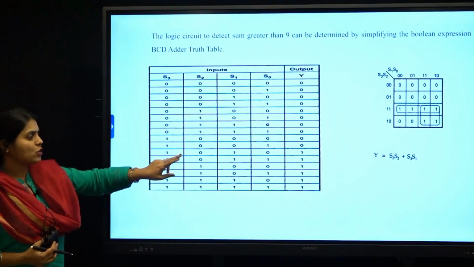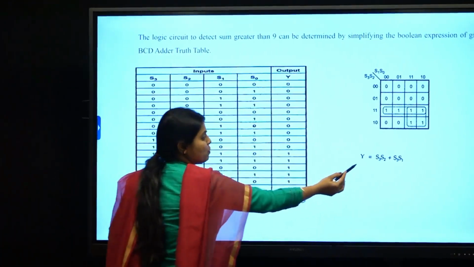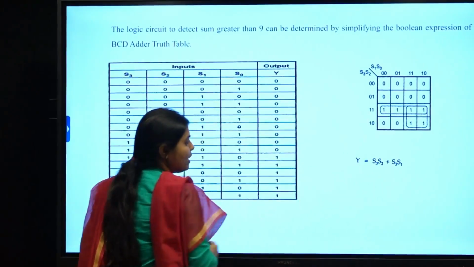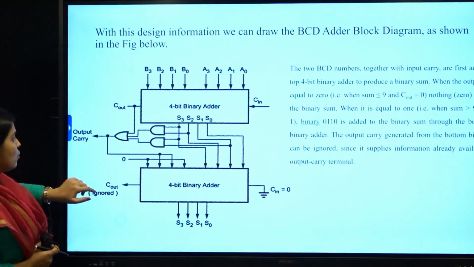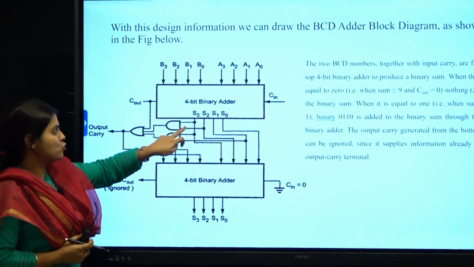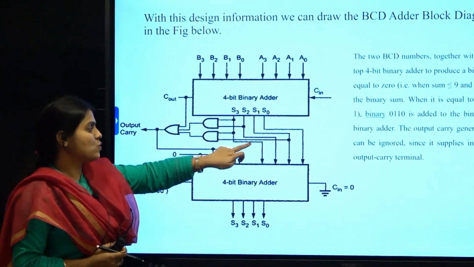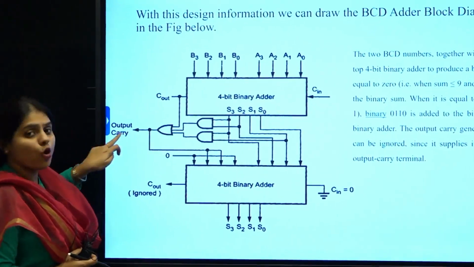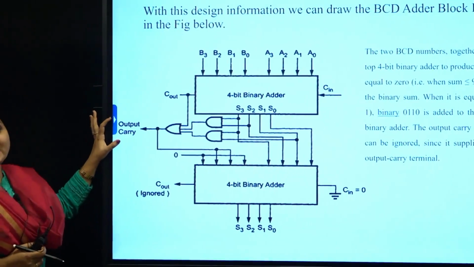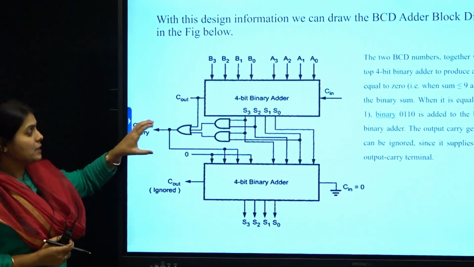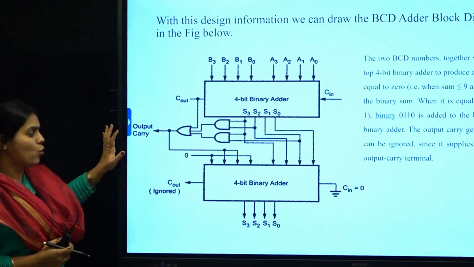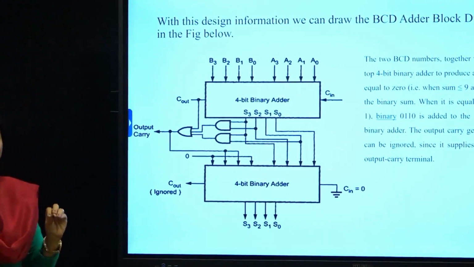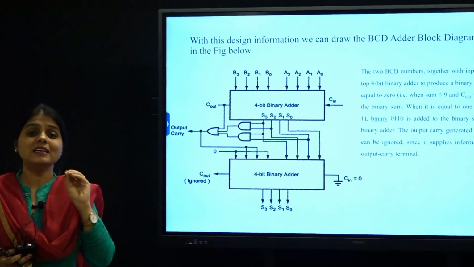So S3 S2 is 1 AND gate, S3 S1 is another AND gate, connected to an OR gate, which would be my carry output. This I'll do when I have my output greater than 9.